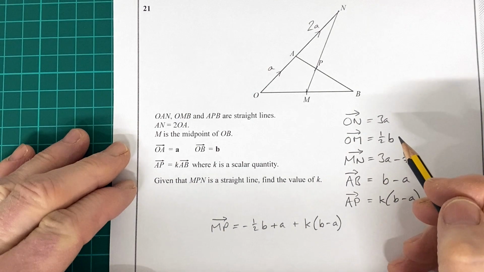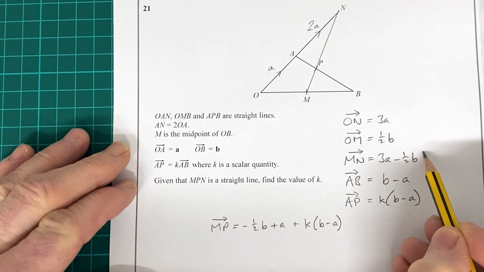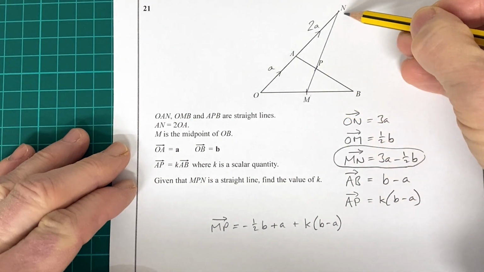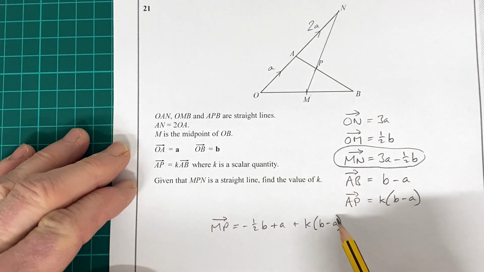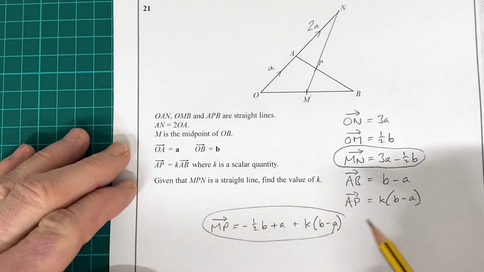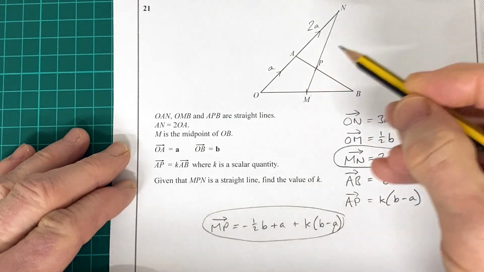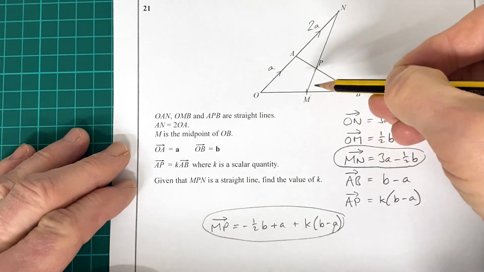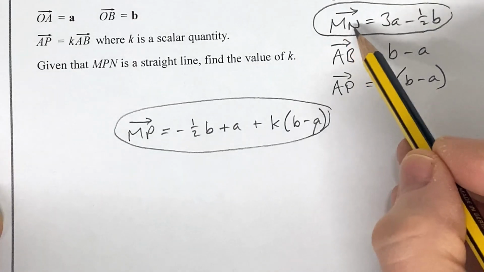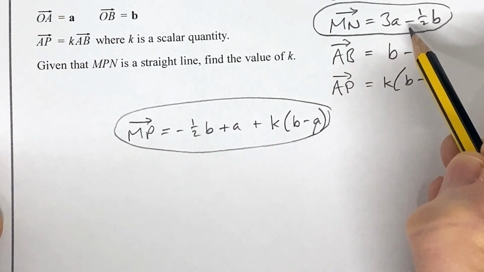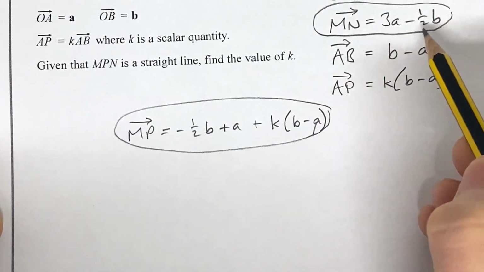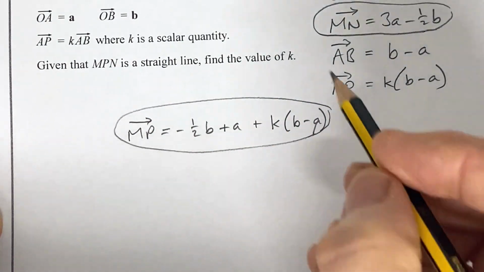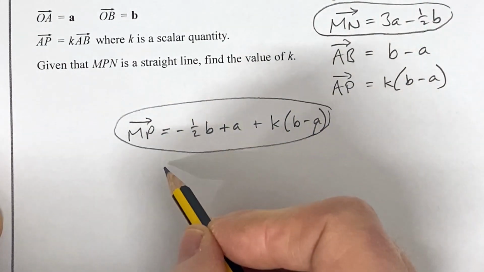Now what I'm really interested in here are these two equations. That one, which is MN, and this one, which is MP. MP, MN, because you can see that MN must be a multiple of MP because it's one straight line. Looking at MN, you can see that we've got 3A minus a half B, so that's the A part, that's the B part, but here we've got B's and A's kind of mixed up all over the place. I'm going to alter this around a little bit.